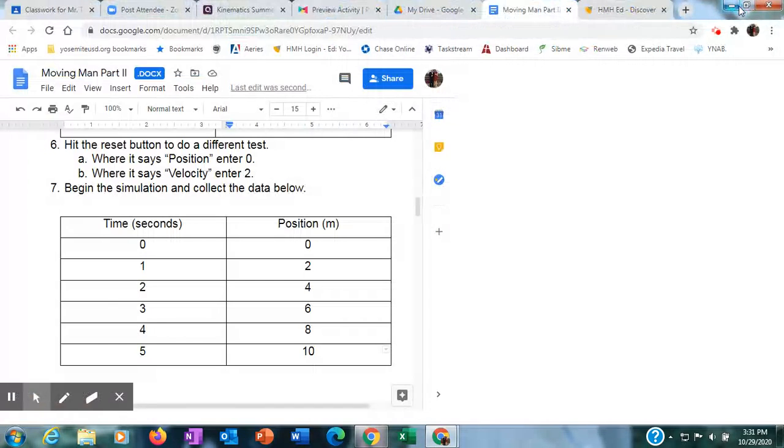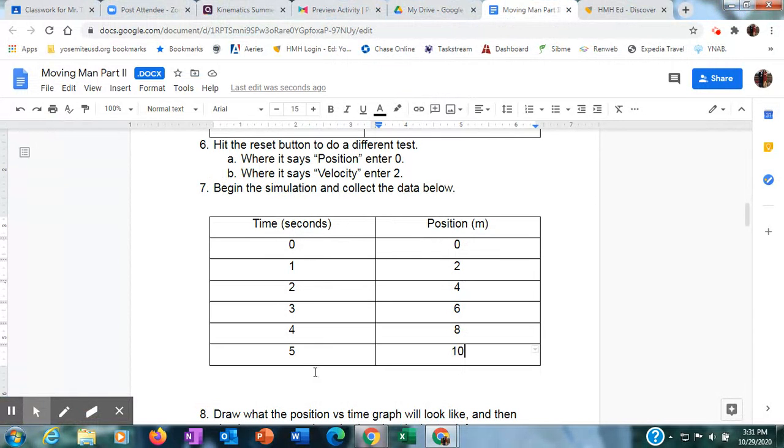Okay, so I'm going to maximize this so that you guys can see. So in this case, let's define what velocity is. My velocity is going to be equal to whatever distance an object travels, divided by the time it takes, all right?